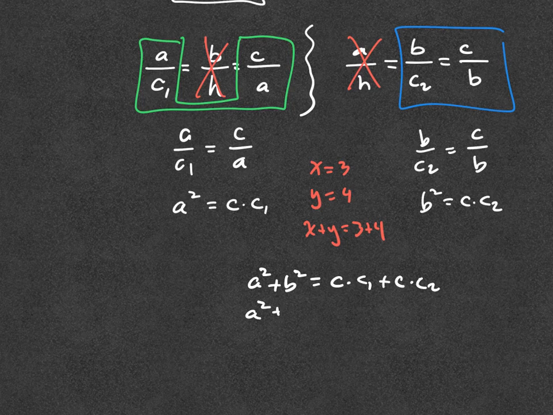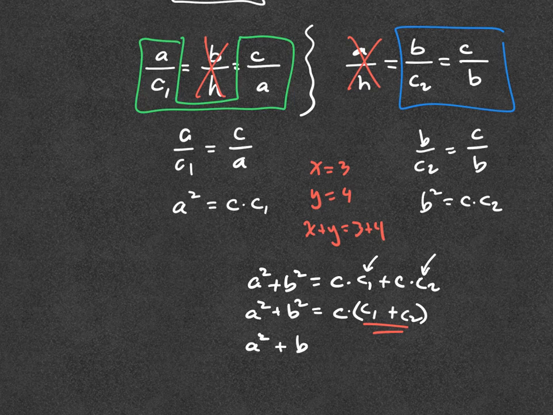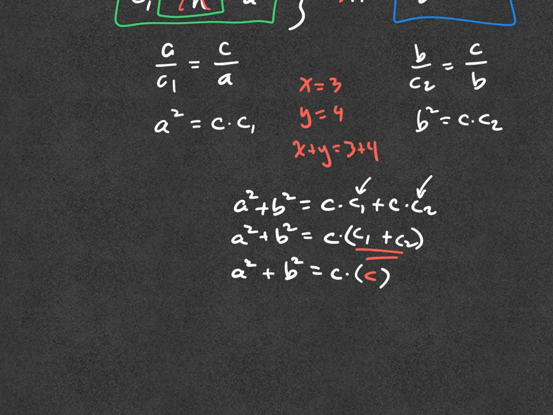Now I almost have the Pythagorean theorem ready to roll, but I'm going to factor out a c. If I take a c out of both terms, that leaves only a c1 and a c2. What did we say at the very beginning? What is c1 plus c2 equal to? It's equal to c. So a squared plus b squared equals c times c. What's c times c? That's c squared.